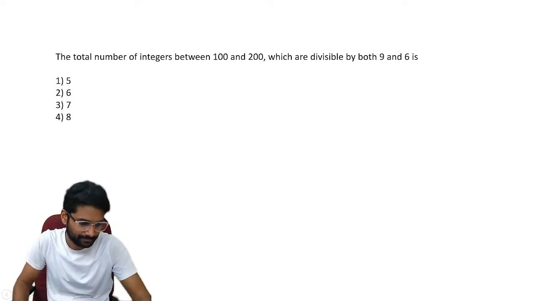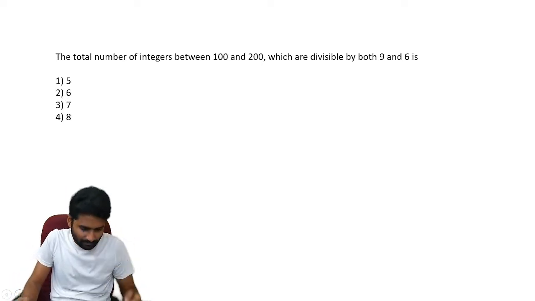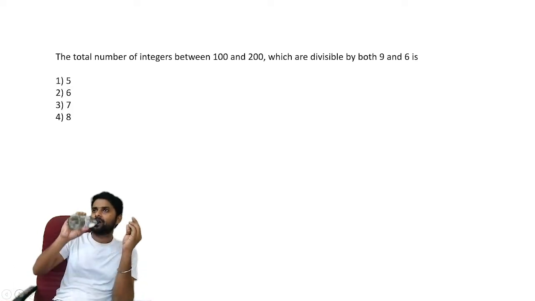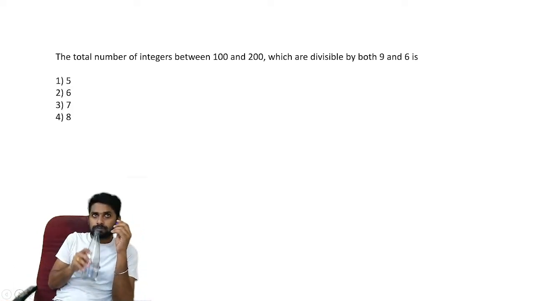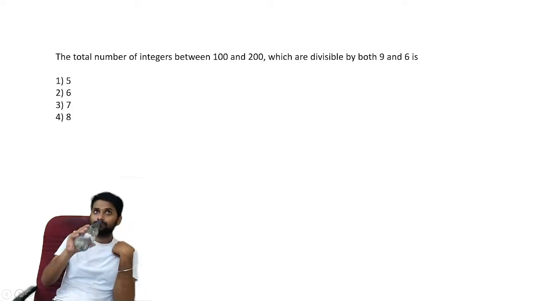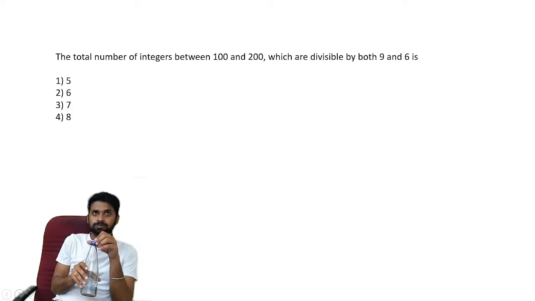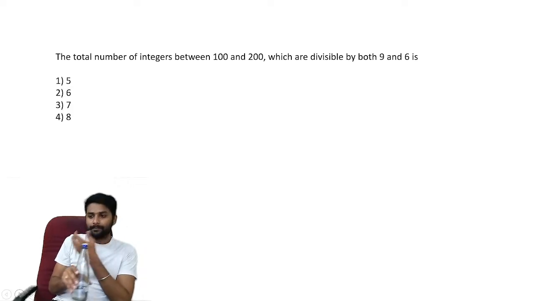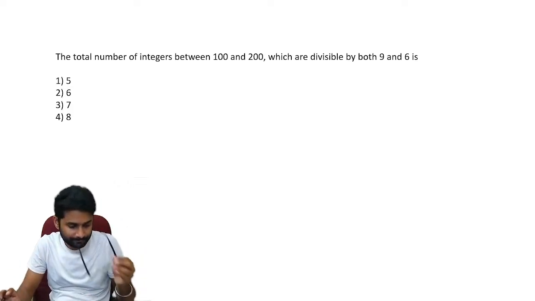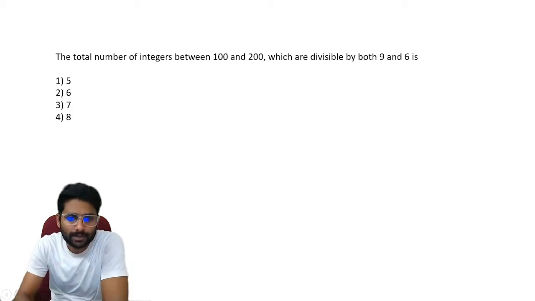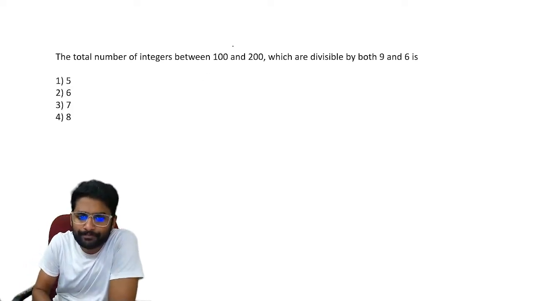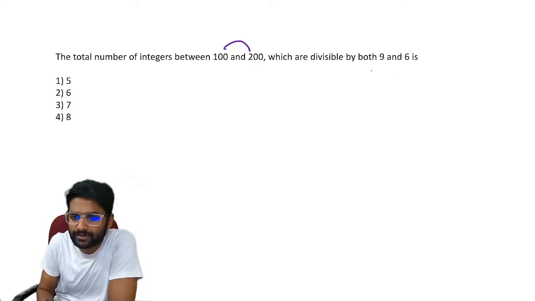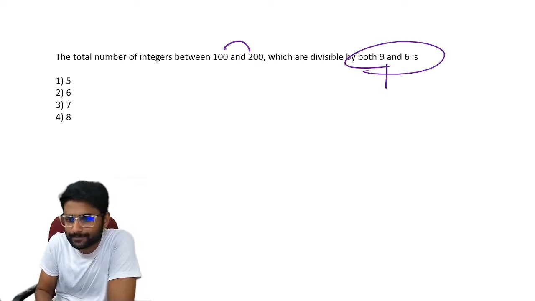Last question. The total number of integers between 100 and 200 which are divisible by both 9 and 6.